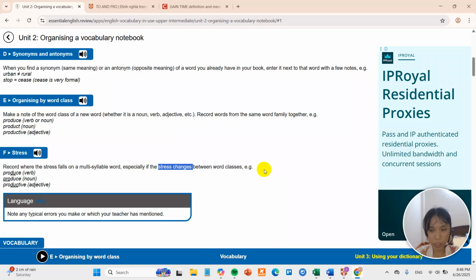Type of a word, that is word class. Produce, produce. Produce is the product that you collect from farming, like dairy or agricultural product, or produce. Productive, adjective. Note any typical errors you make or which your teacher has mentioned.